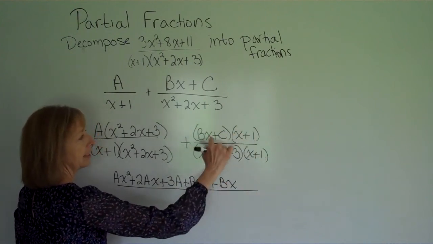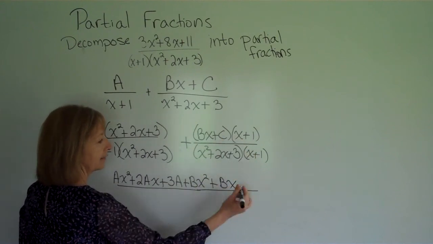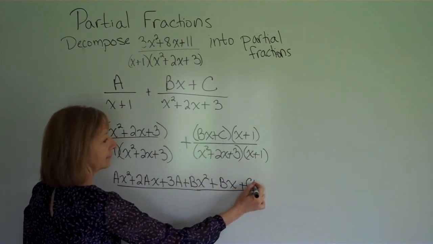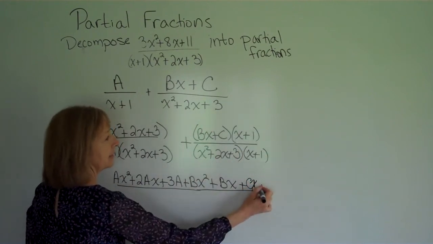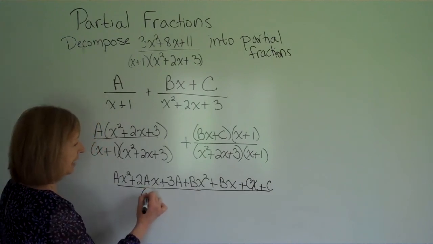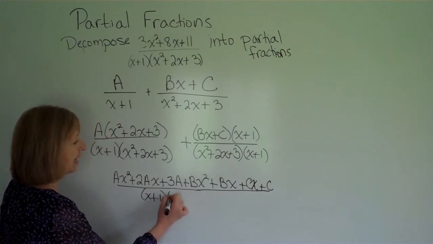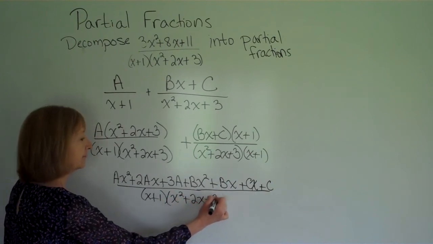So first, outer, inner is plus cx. And then last is plus c. And that's over the x plus 1 times the x squared plus 2x plus 3.